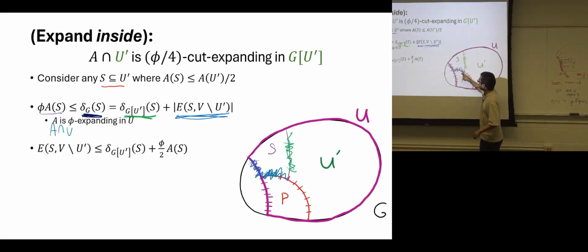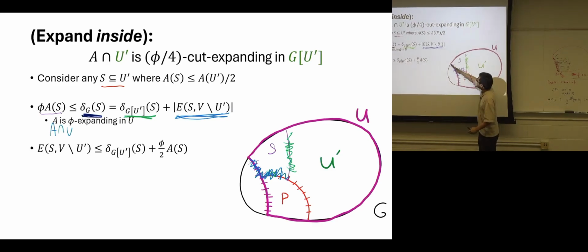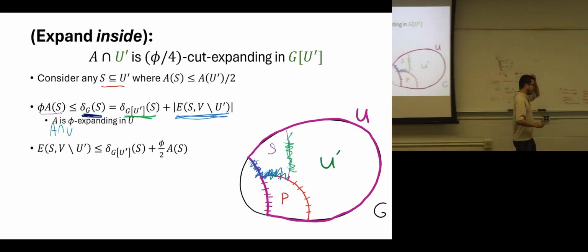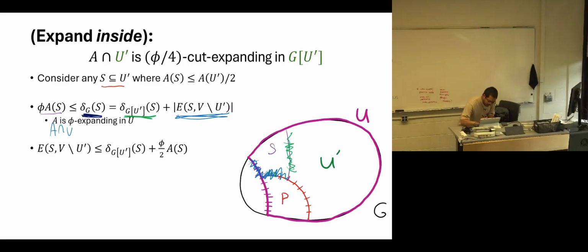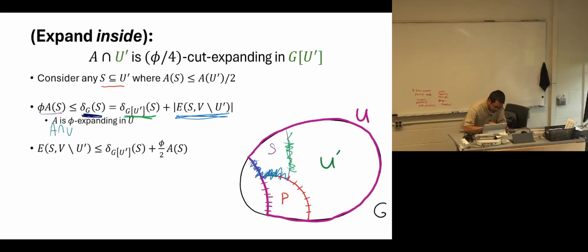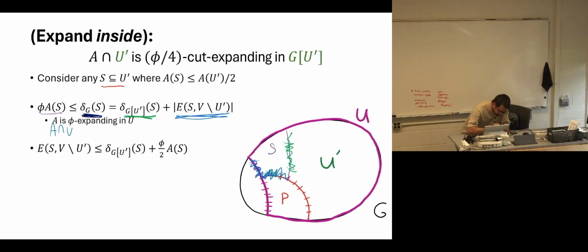Because the blue part is like the source. And the source needs to be like, okay, this flow here can be sent to this part. And what's the sink? This is like a source.